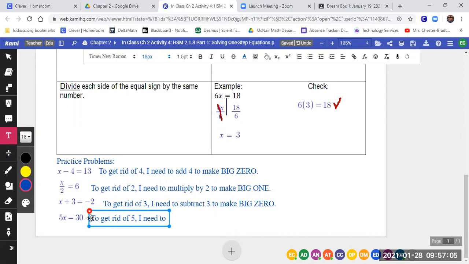Because to make it turn into what we want, I need to divide, yes, by 5. Whatever's with the x is what we're dividing. To make, which one are we making? Big 0 or big 1? Big 1.